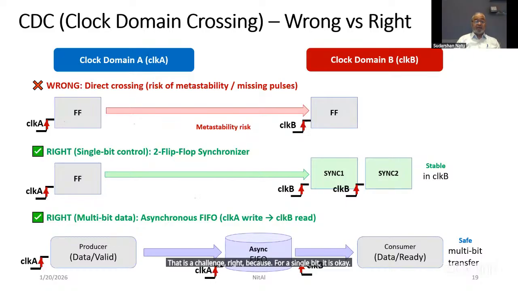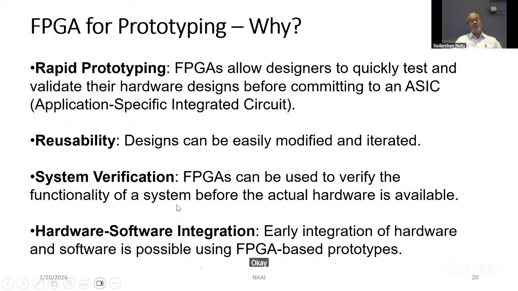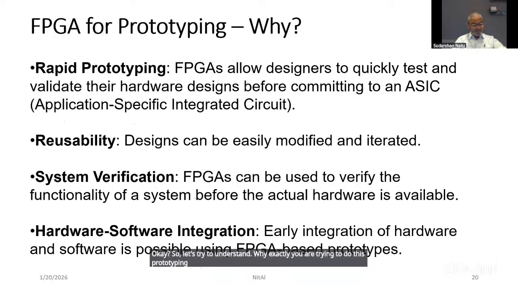But you can imagine 32 bits: even at the sync 2 level, some of them can happen at the 0th clock and some at the next clock. If such instances are happening, your design will never work. So one has to understand all this in the design domain. Okay. So let's try to understand why exactly you are trying to do this prototyping and why it is necessary.